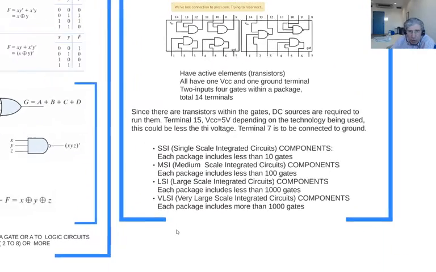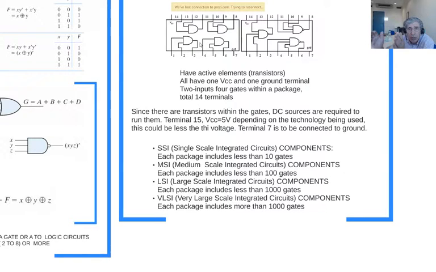One more thing we should talk about: if the integrated circuit has at most 10 gates in it, it is called a small scale integrated circuit. Up to 100 gates, it's called medium scale integrated circuit. Up to 10,000 gates, it is called large scale integrated circuit. If the gates number more than 1,000, it is called very large scale integrated circuit.